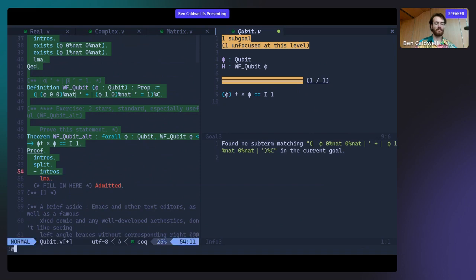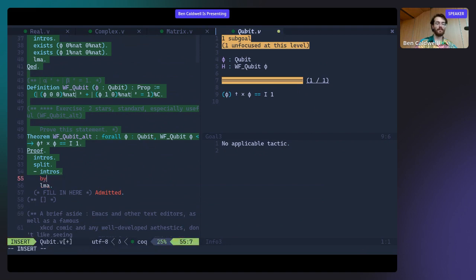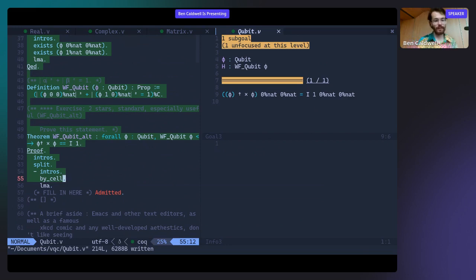We have to use lma. The tactic here would just work, so if it fails, it goes back.